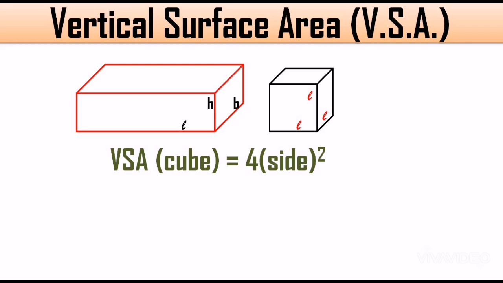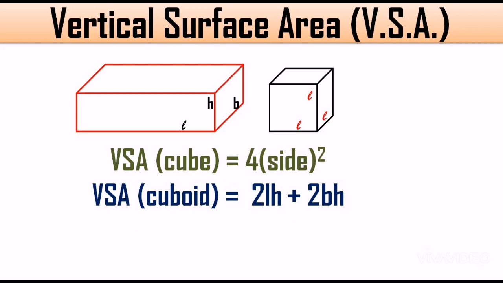For the cuboid, the areas of the standing faces are LH and BH, that is length into height and breadth into height. Opposite faces have the same area, that is why we are going to write 2 into LH plus 2 into BH. Here also, as 2 is common, we can take out that 2, and the formula will be LH plus BH and the whole multiplied by 2. I hope I have made this formula easier to understand.